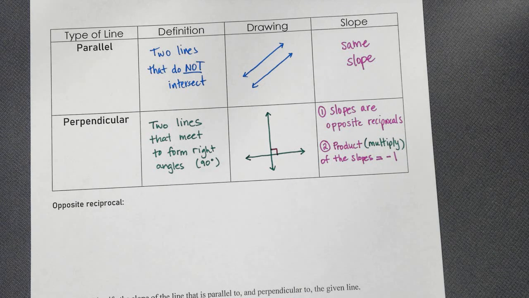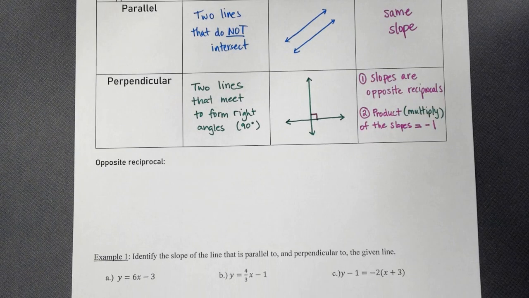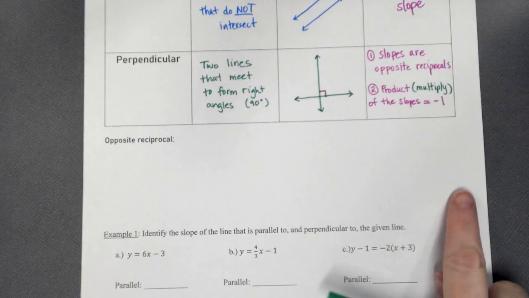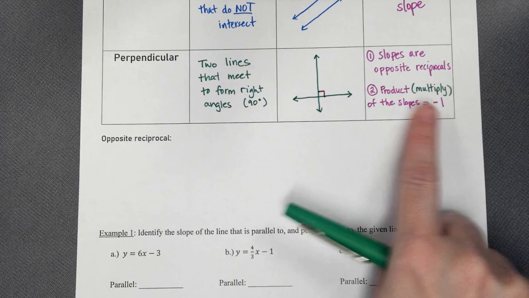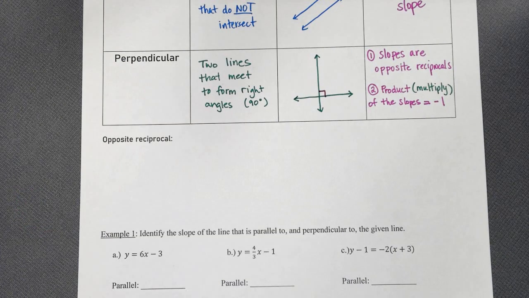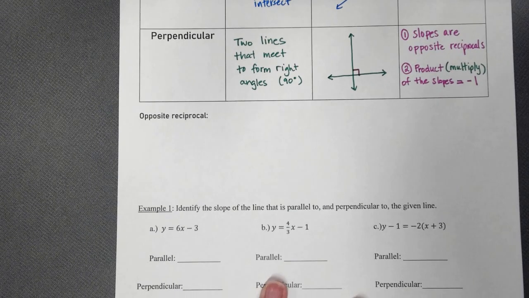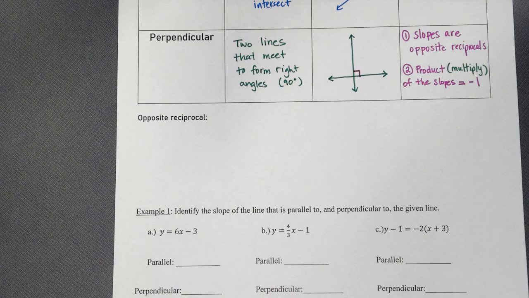So if you take the two slopes and you multiply them together, if you get -1, then you know that they're perpendicular. Okay? So we're going to break down this term, this opposite reciprocal term, and we're going to do some examples of opposite reciprocals.